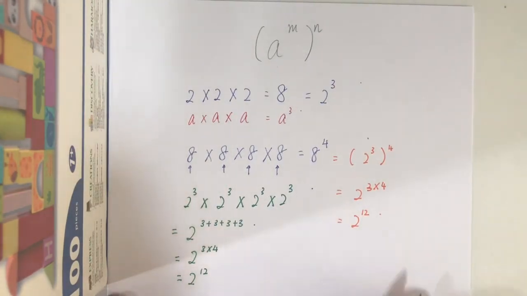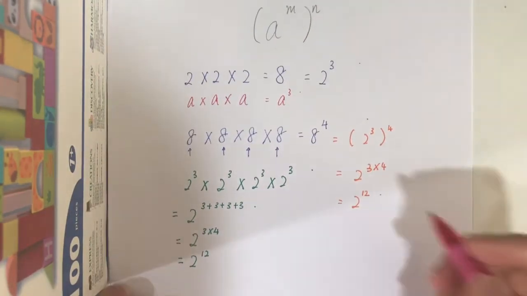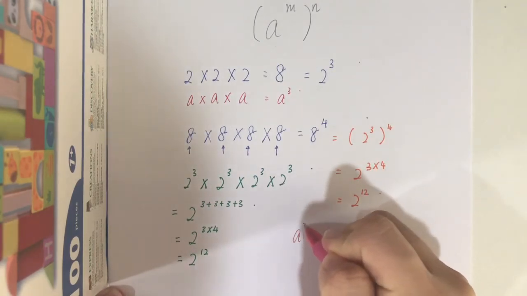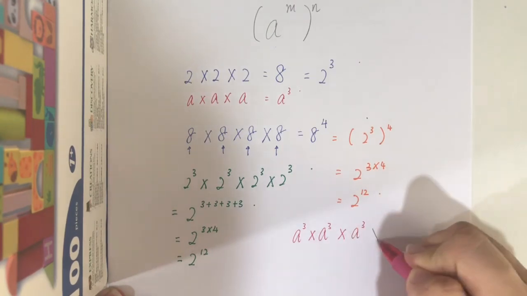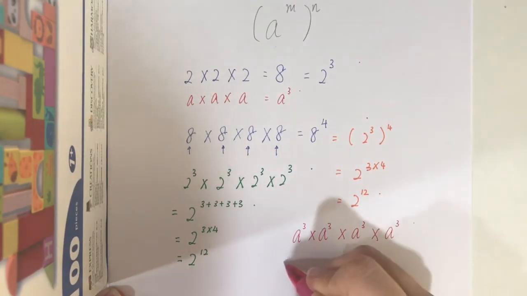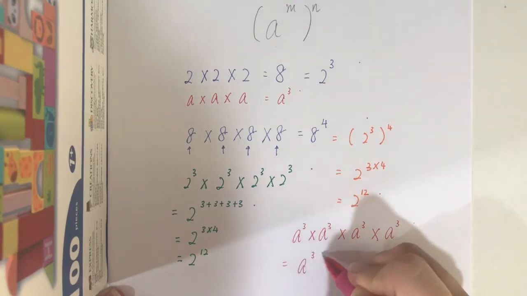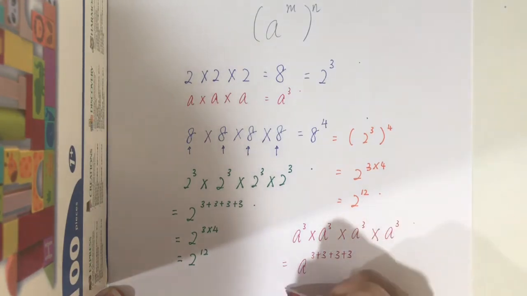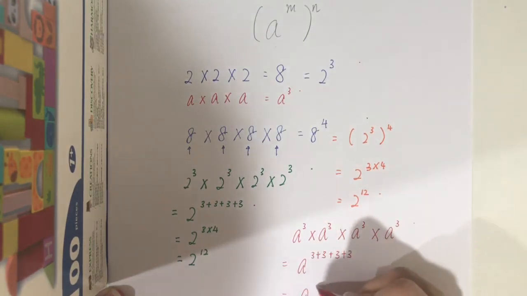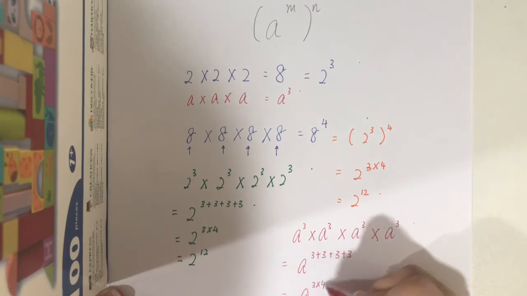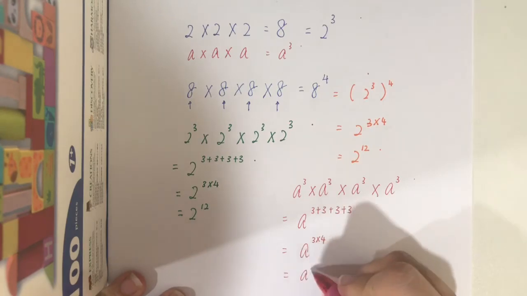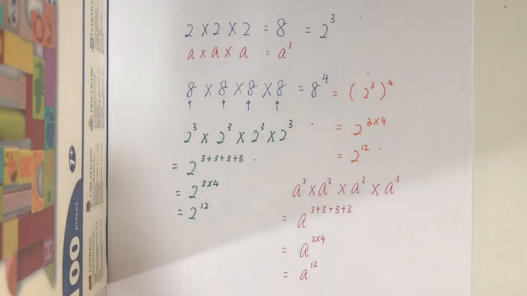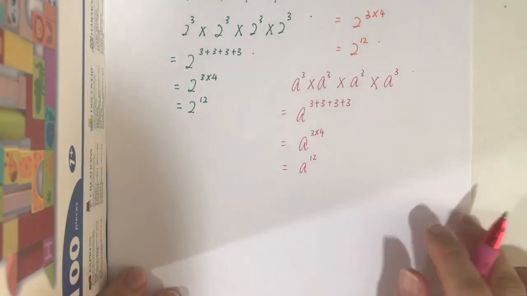So if I word this one, it will be A cubed times A cubed times A cubed times A cubed, which is A to the power of 3 plus 3 plus 3 plus 3. So I can actually say that is A to the power of 3 times 4, which means A to the power of 12. Okay, so let's practice a few more questions.